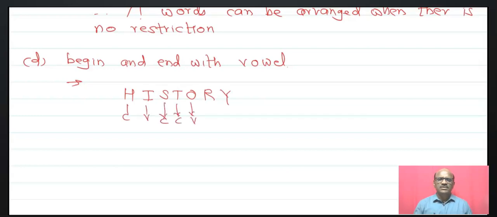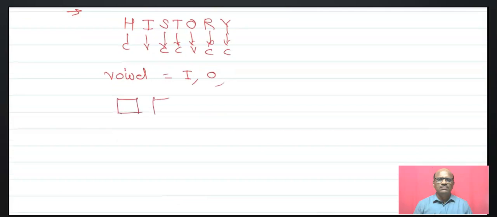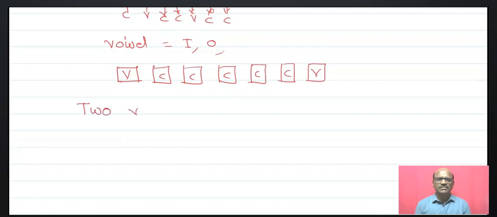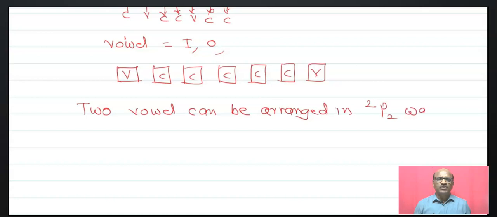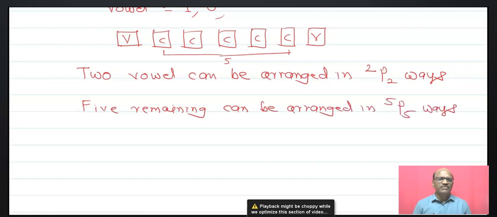First is a vowel, then consonants, and the last is a vowel. Here the vowels are I, O. Therefore, the two vowels can be arranged in 2P2 ways, and the 5 consonants remaining can be arranged in 5P5 ways.